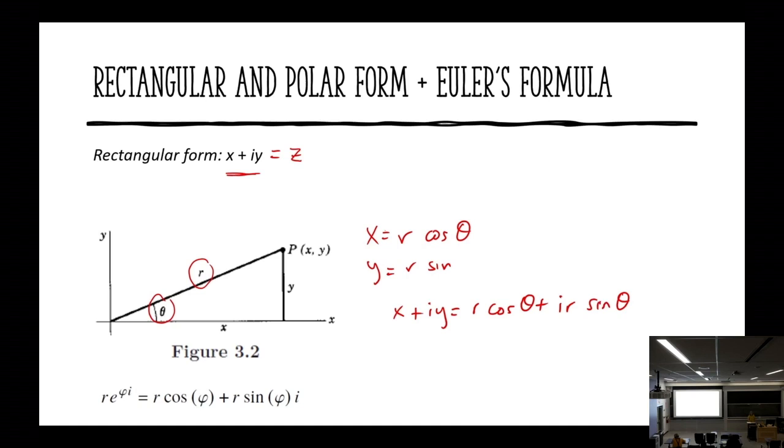We can also re-express this polar form using Euler's formula in a really elegant way. So we can call r times cosine theta plus i sine theta equivalent to r times e to the i theta.